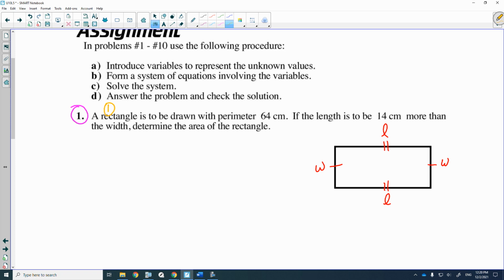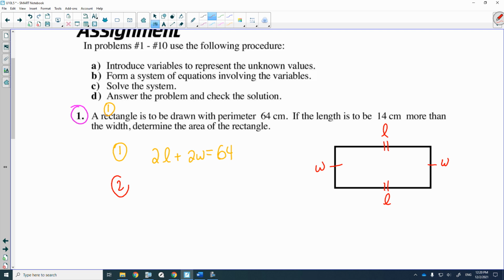A rectangle is to be drawn with a perimeter of 64. Maria, what was your first system? Yes, 2L plus 2W equals 64.